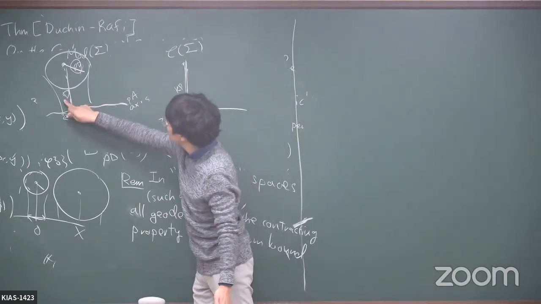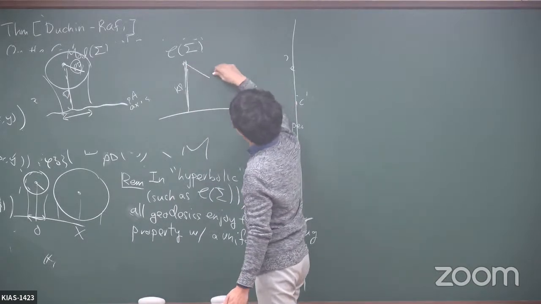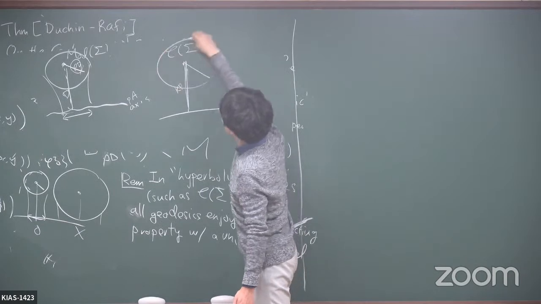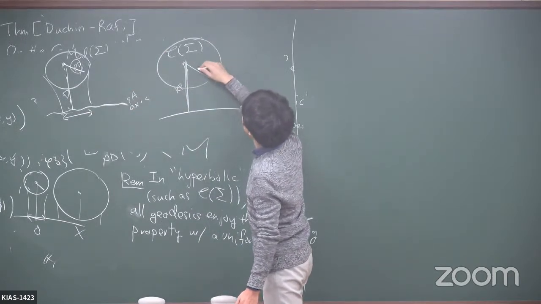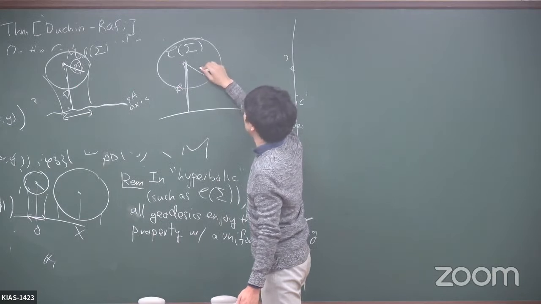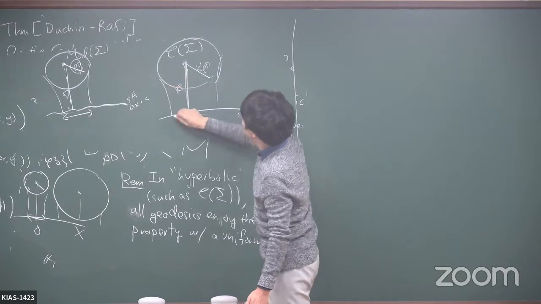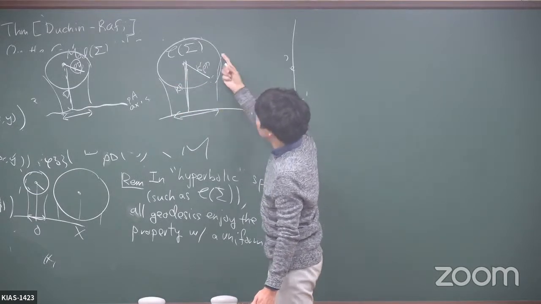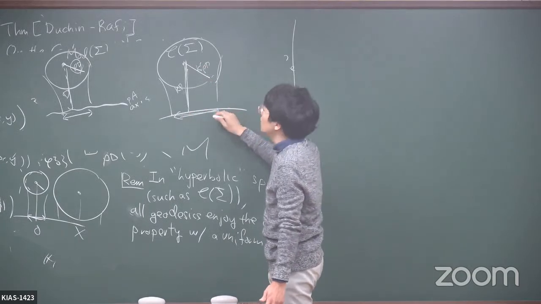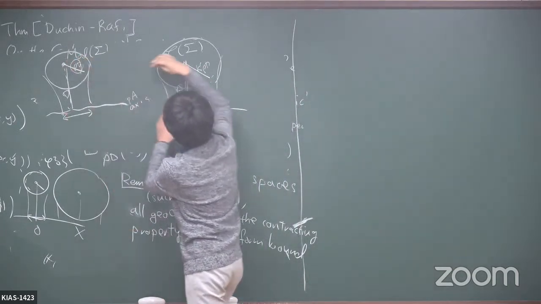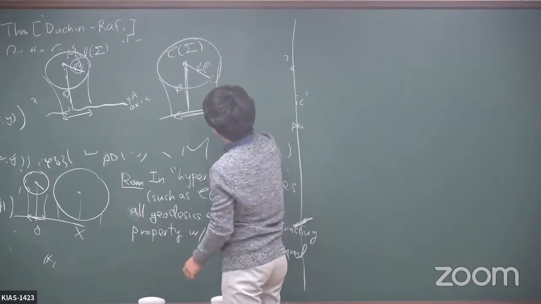So if you can secure a certain ratio of D, then the radius of this deformed ball is still some K prime rho D. Then since the curve complex is hyperbolic, it has a contracting property and you have the bounded shadow. But suppose that this is tremendously shortened. So this is scenario 1.